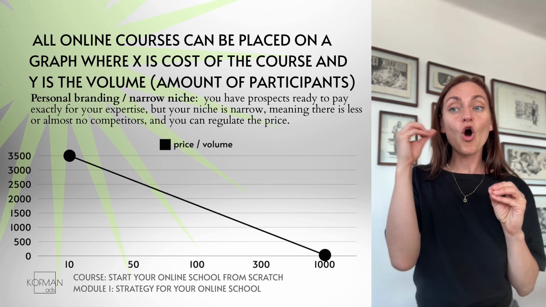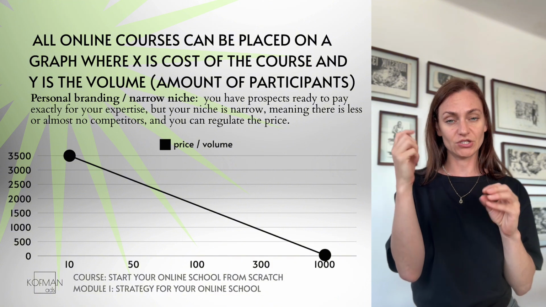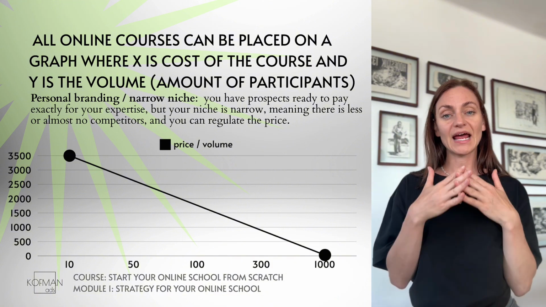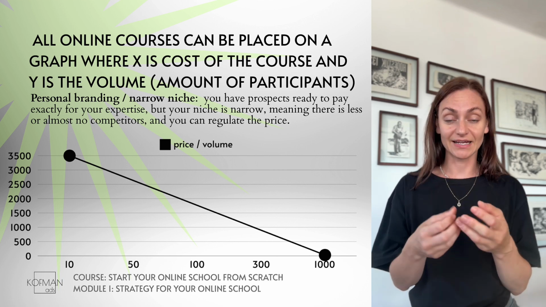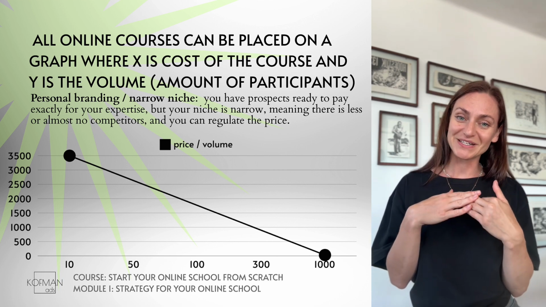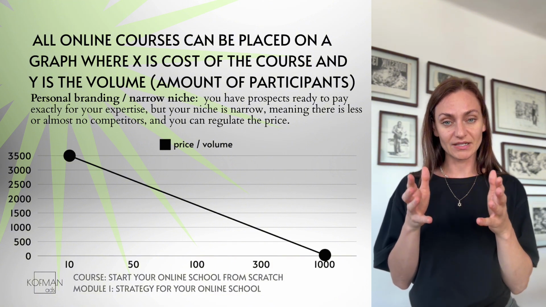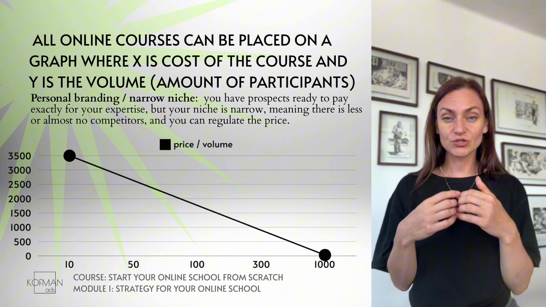Then let's take the opposite case, where you have a very good personal branding but a narrow niche. What is the particularity of this offer? Having a personal branding means that you have access to traffic organically, and this is good. But the problem is that the niche is very narrow, so you don't have that much of a market. At the same time, if it's very niche, it means that you have very little or almost no competition.